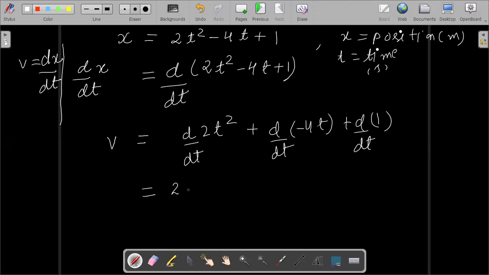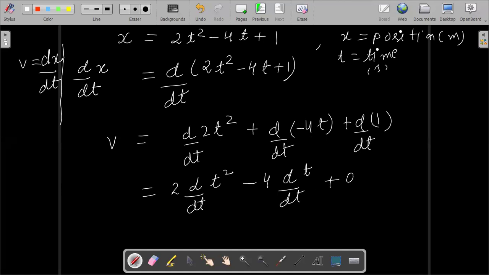Okay, let's do it step by step. I've written 2 and then I get d by dt of t to the power 2, t squared. Got it? Yes, sir. And here I take minus 4 common and I get d by dt of t, and this one is 0.